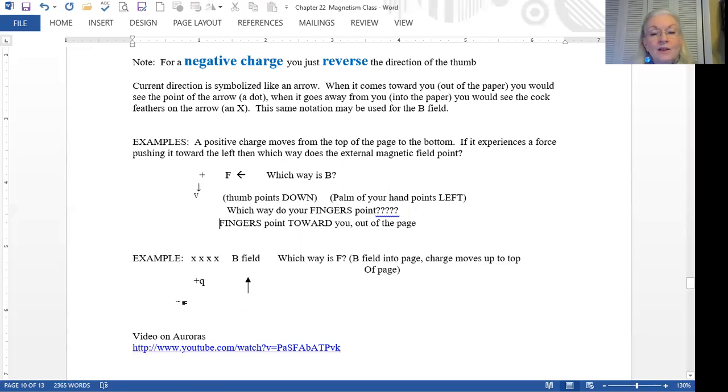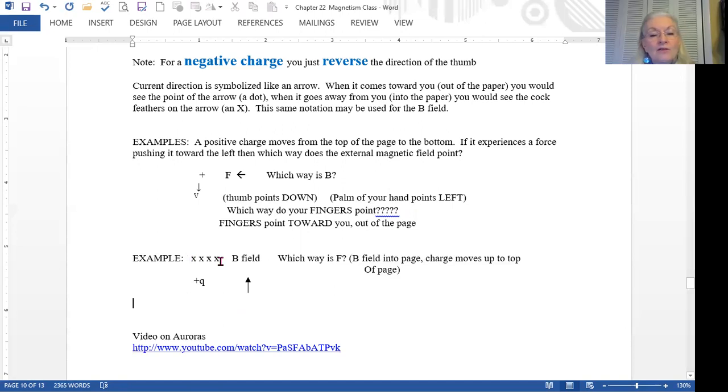Let's see if we can look at this one. So we have the B field, we've got X's, and that means it's pointing away from us.